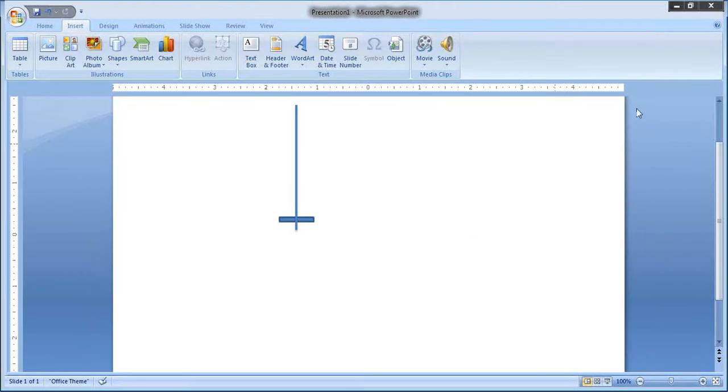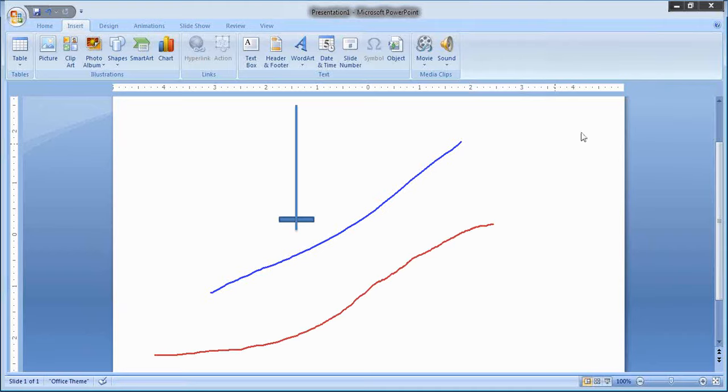Now I want you to see one important factor. In pretty much every single trading style of mine, I use two moving averages. Let's say this is the 50 moving average, and then we have another one, the red one, which can be our 200 moving average.